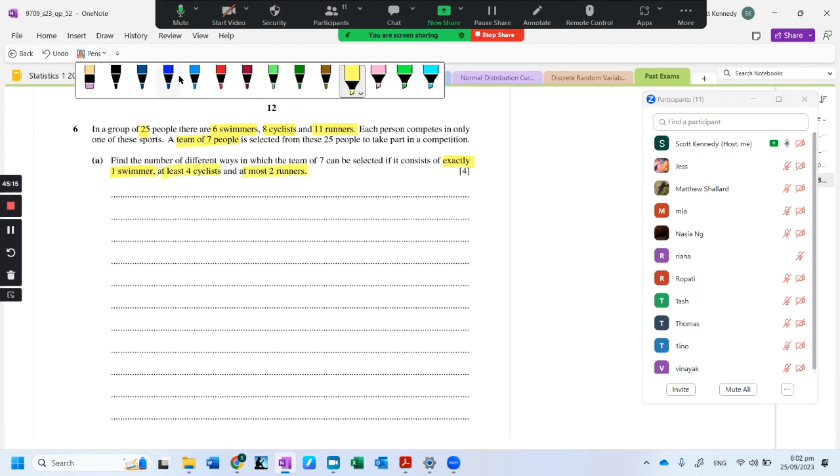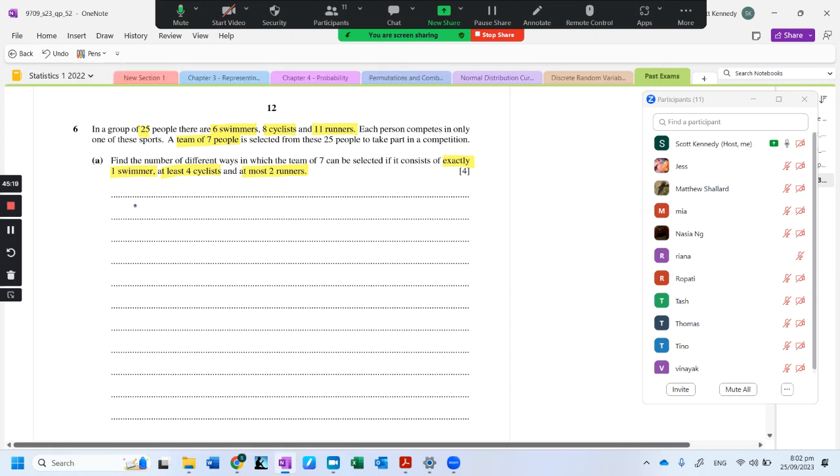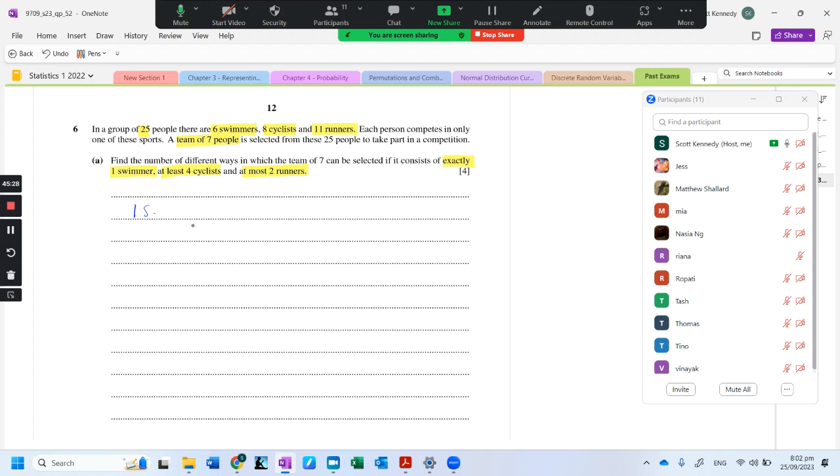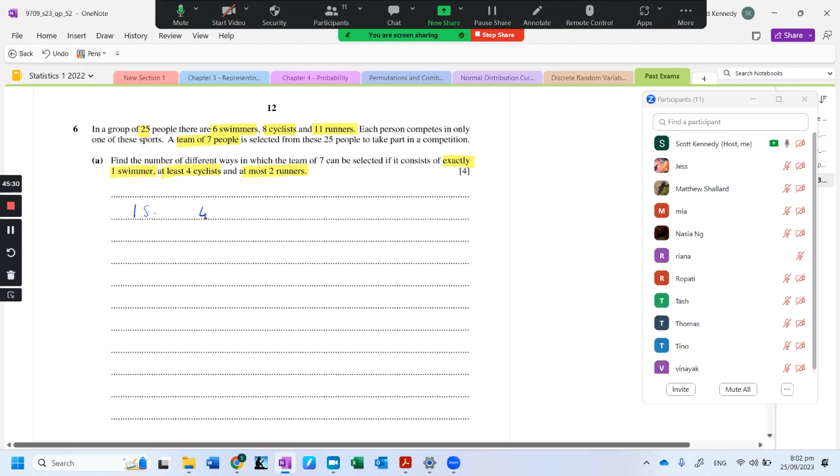Okay, so first of all, we've got to think of the different ways we can do this. So we could have one swimmer, at least 4 cyclists. 4 cyclists, so that's 5, and then we'd have to have 2 runners. Okay, that's one way of doing it. Now we have to have exactly one swimmer, so one swimmer.